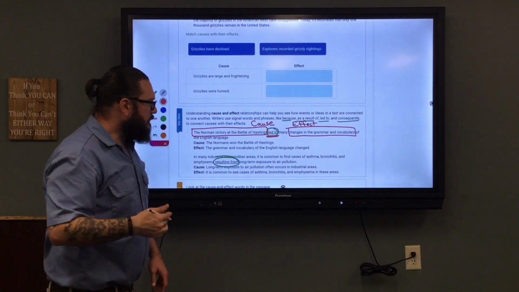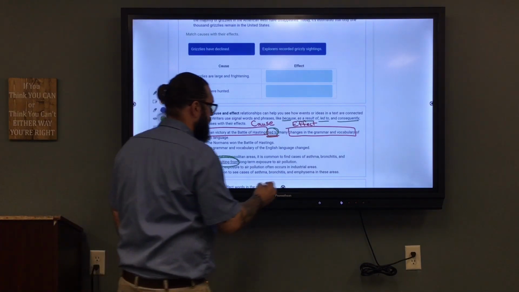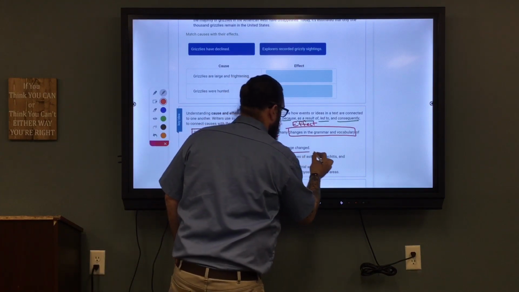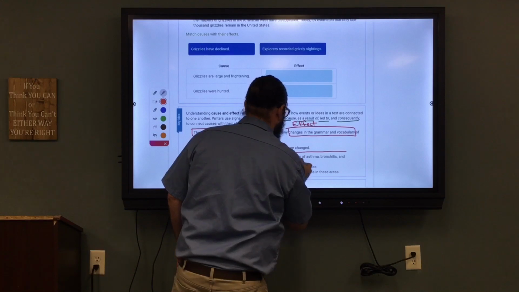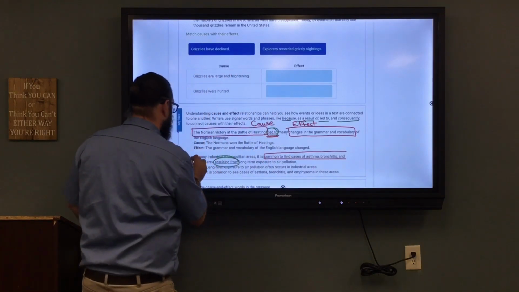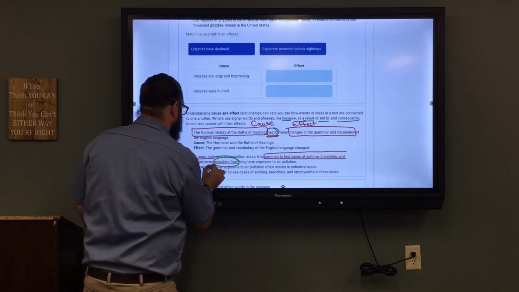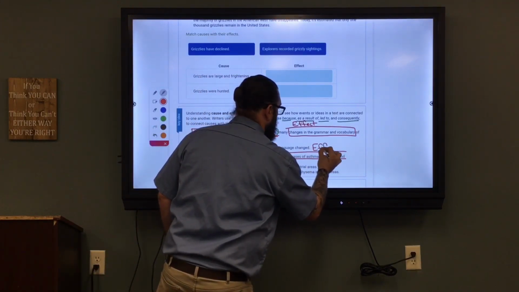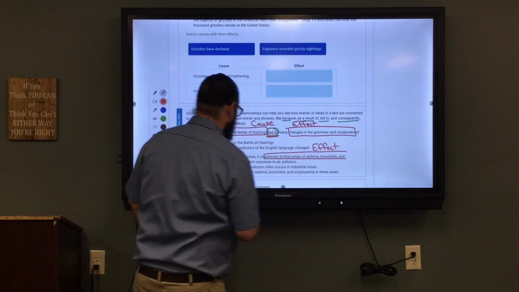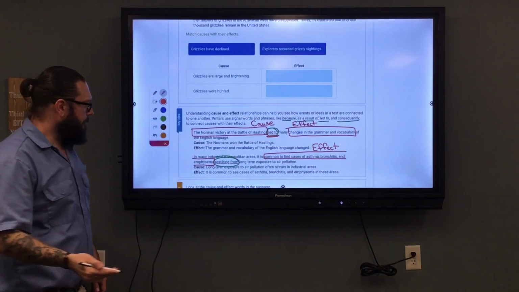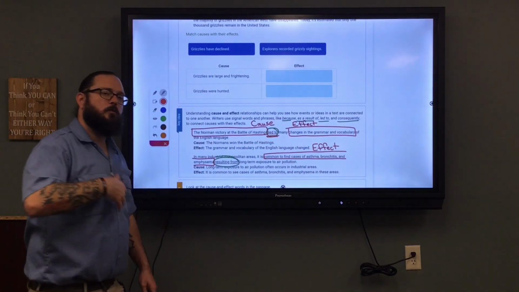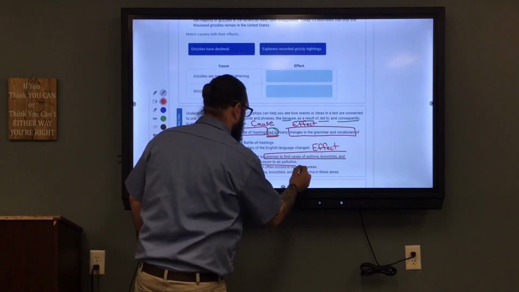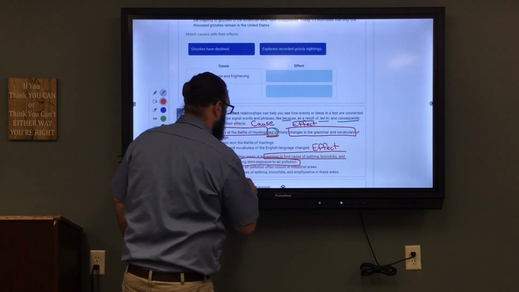So let's identify the effect. We're told that it is common to find cases of asthma, bronchitis, and emphysema. So this is the effect. What caused it? Well, it resulted from long-term exposure to air pollution.